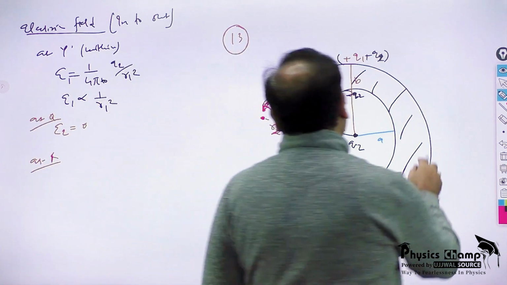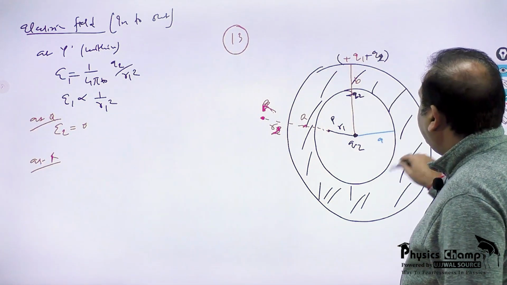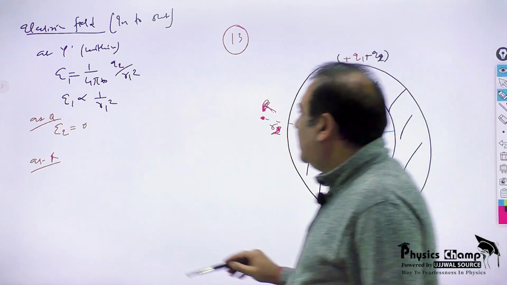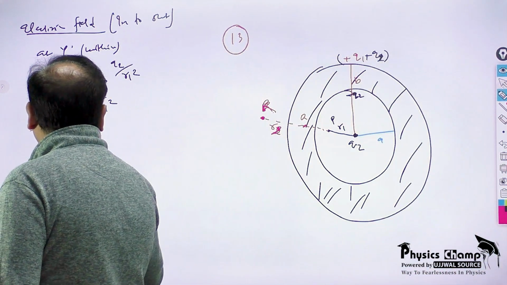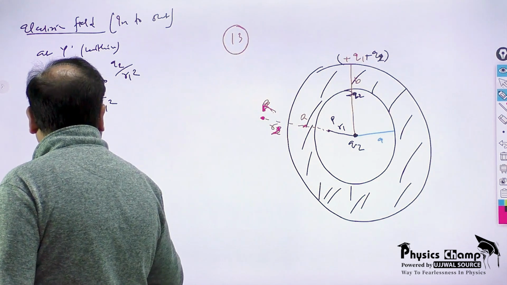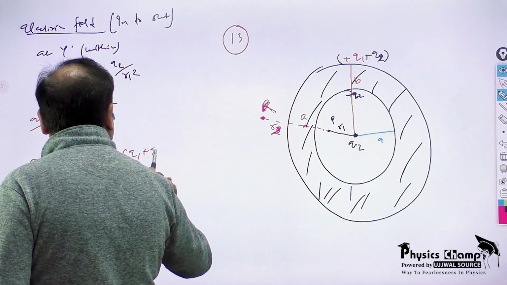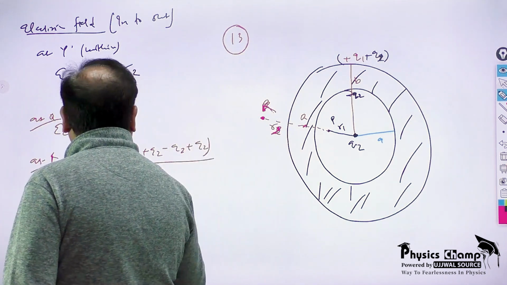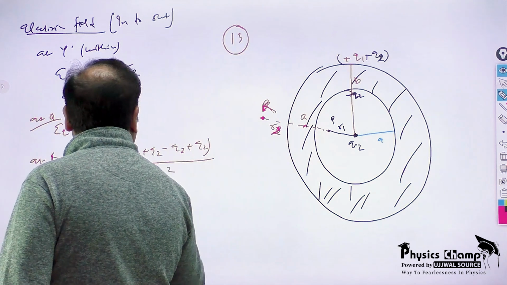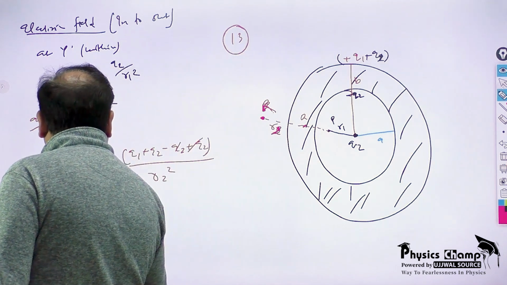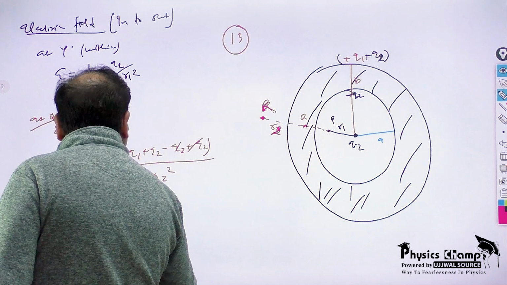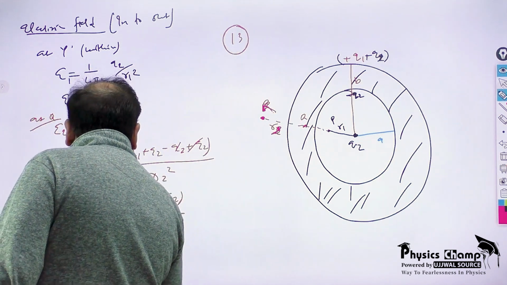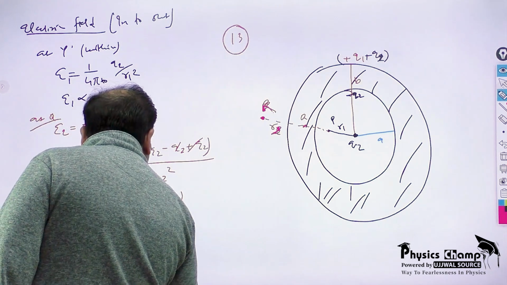You have charge Q1 plus Q2, you have charge minus Q2, you have charge plus Q2. It will behave as though the whole charge is situated at the center. So the electric field E3 will be 1 by 4 pi epsilon naught into Q1 plus Q2 minus Q2 plus Q2 divided by R2 square. So E3 will be 1 by 4 pi epsilon naught Q1 plus Q2 by R2 square, inversely proportional to R2 square.